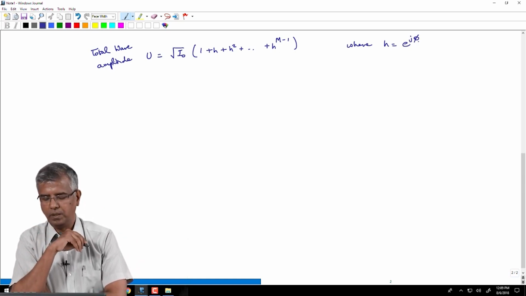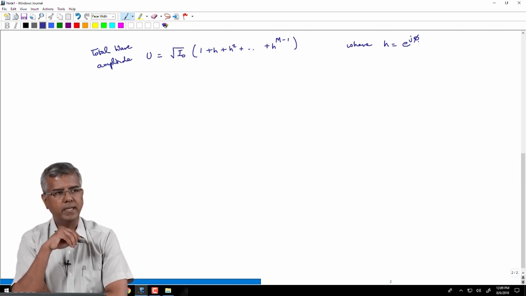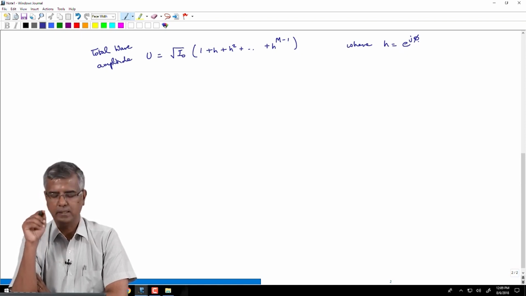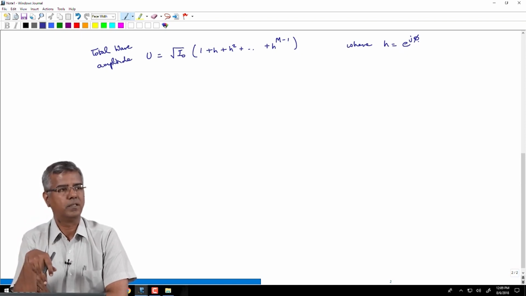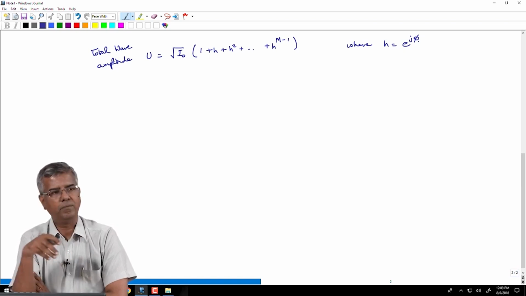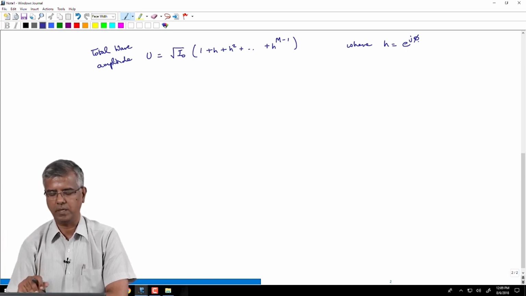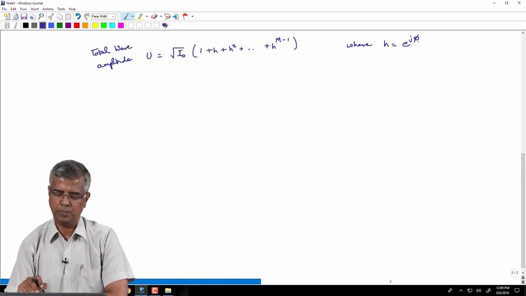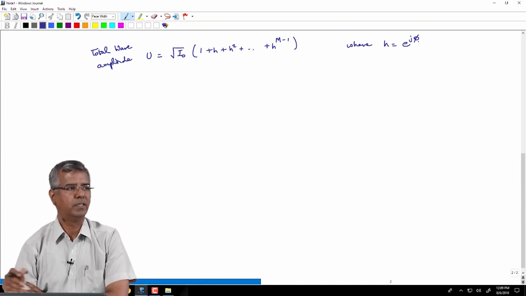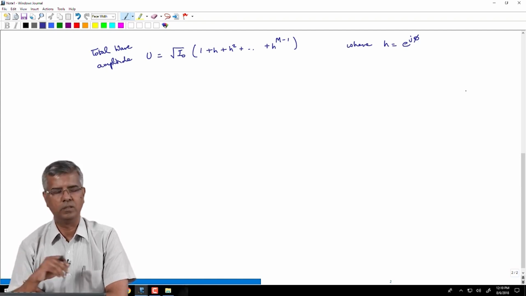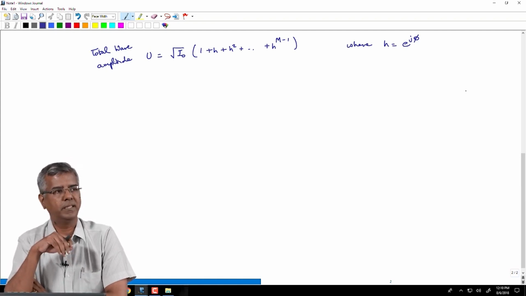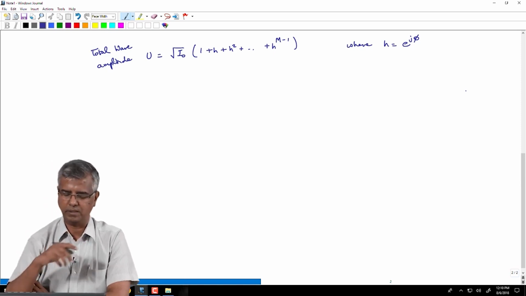We are considering that each of those wavelets has an equal intensity that corresponds to I naught, but they have different phase. That is why we wrote them as 1 plus e power j phi plus e power j 2 phi and so on, right. We substituted e power j phi with h for simplicity.